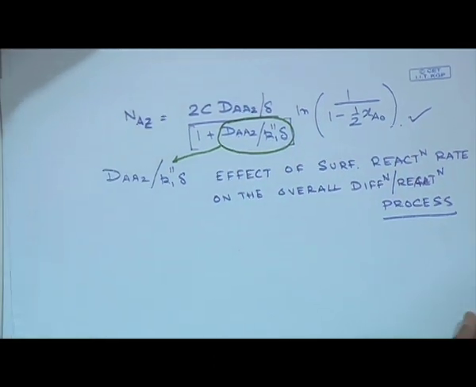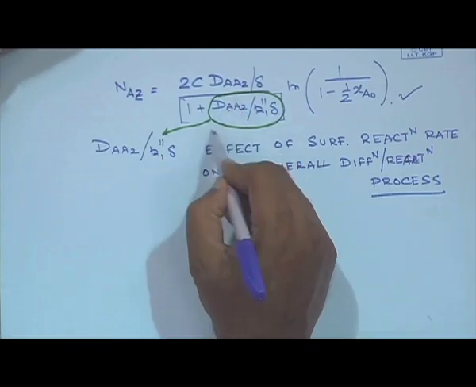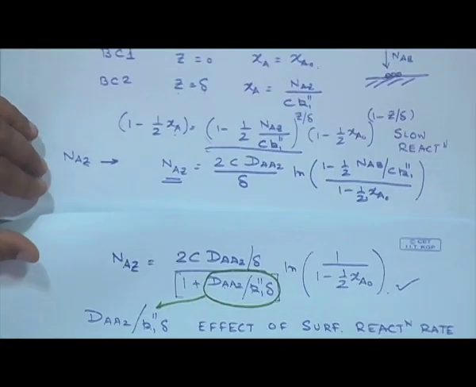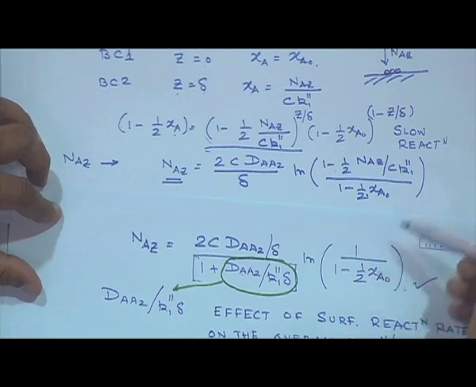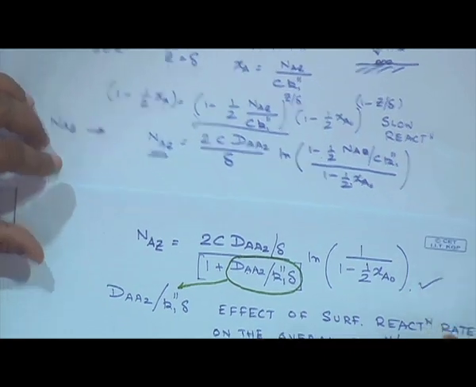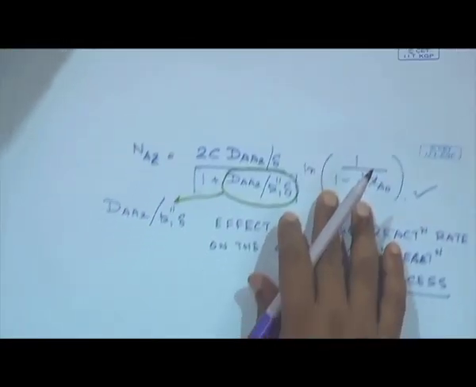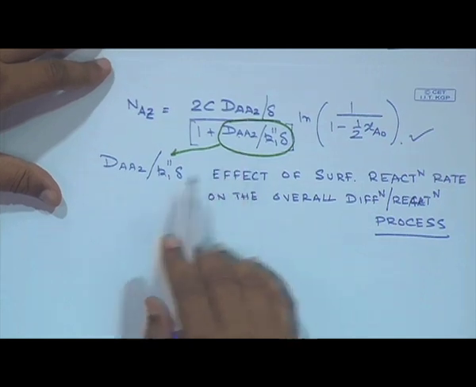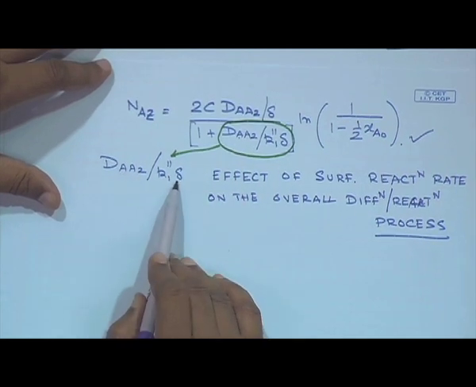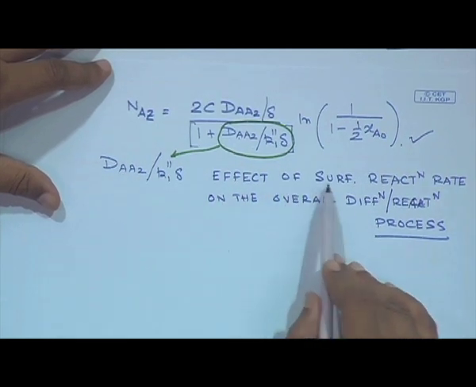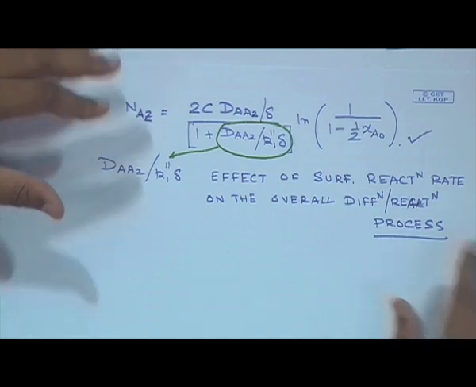Because if this is equated to 0, then this expression becomes identical to this one. So, therefore, the dimensionless form, the diffusion coefficient of A in A2 by K1 double prime delta, denotes the effect of surface reaction on the overall diffusion reaction process.